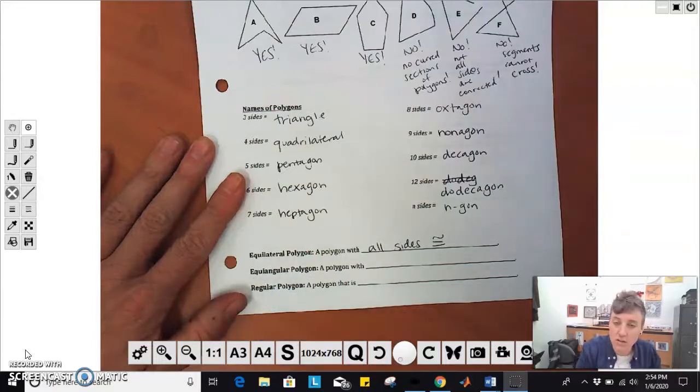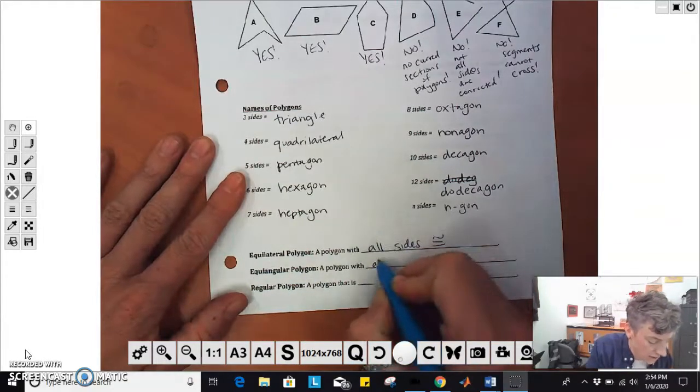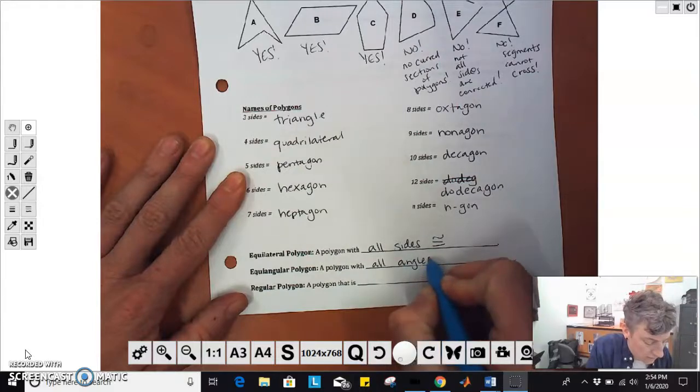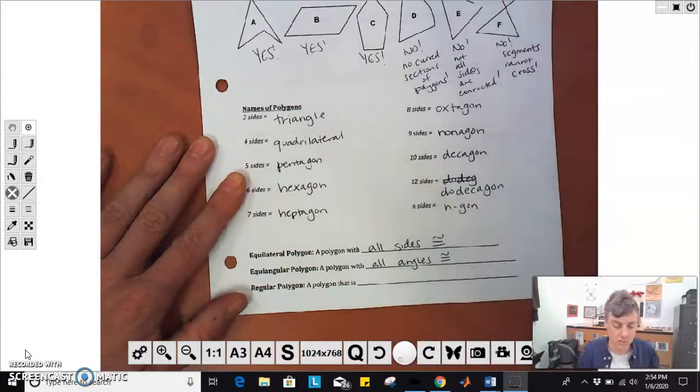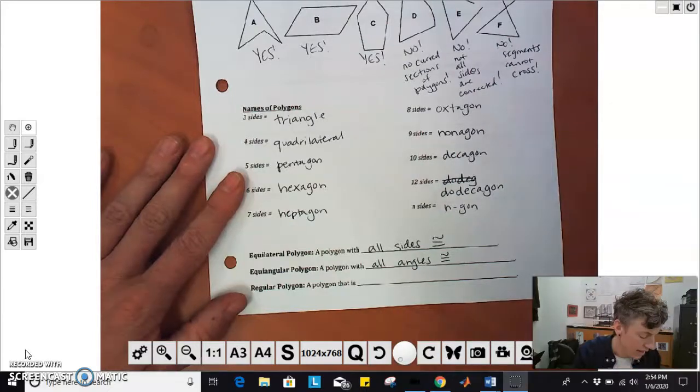An equiangular polygon, equal angles, a polygon with all angles congruent. What's congruent mean again? Has the same measure. Very good. And a regular polygon is a polygon that is equilateral and equiangular.